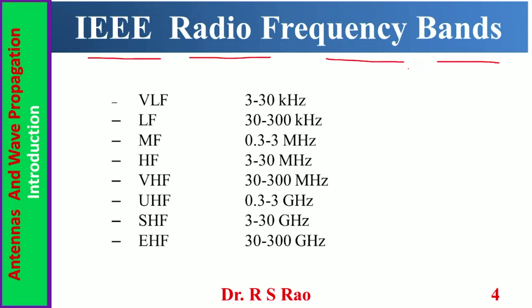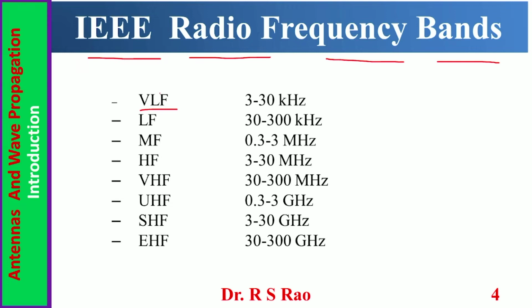They are called IEEE radio frequency bands. We frequently use these labels, these names while discussing, studying, and understanding wireless systems and antennas. Let us go through these labels.